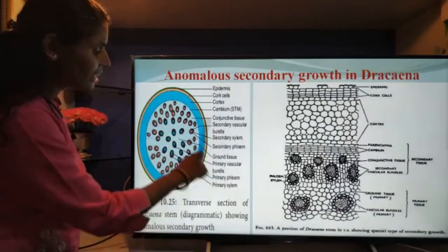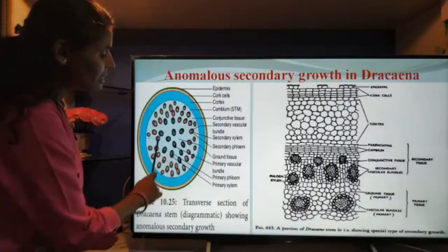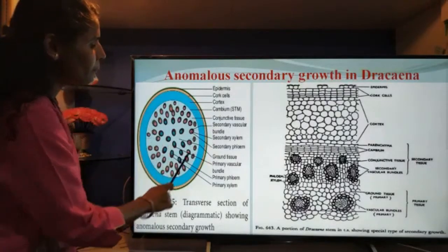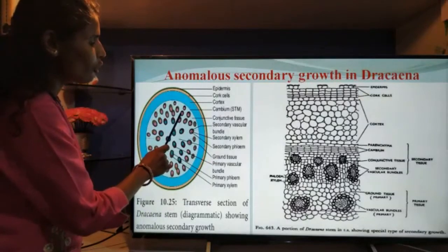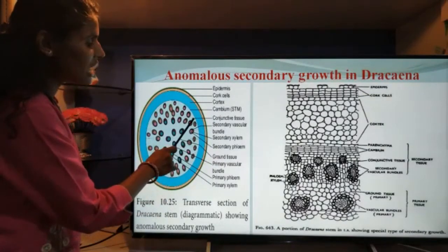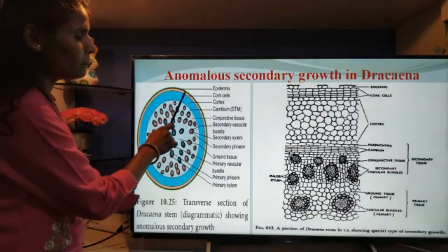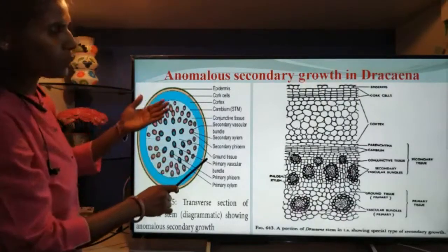Since it is the secondary growth, these are the primary vascular bundles. After that, the activity of the cambium is initiated in the cortical zone, which results in the formation of a number of secondary vascular bundles and also conjunctive tissue. In the cortex region, the activity of cambium results in the formation of cork cells, which are towards outside.